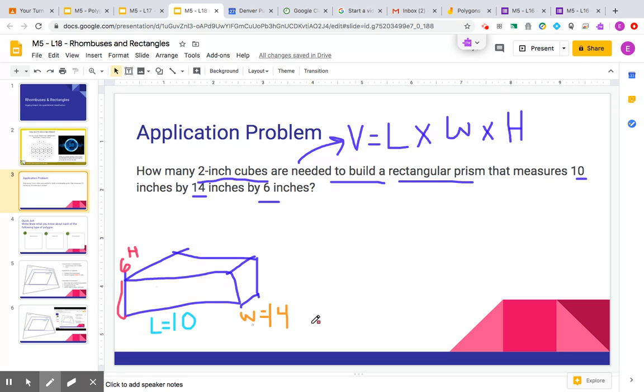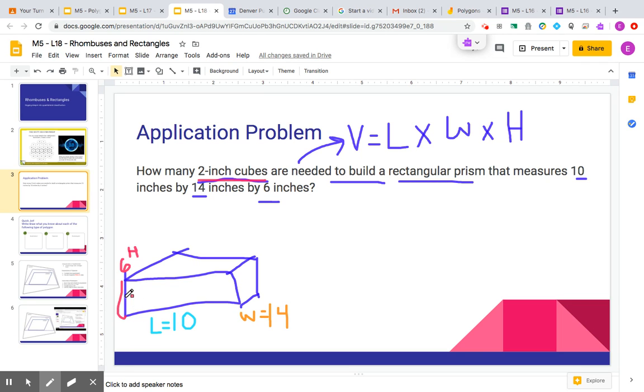However, in this circumstance, I'm not using 1-inch cubes. So when I multiply these together, it's not going to give me the true amount of cubes I need. Typically, we use only 1-inch cubes. These are 2 inches. So let's try to figure out how many actual cubes are needed for the height, the length, and the width.